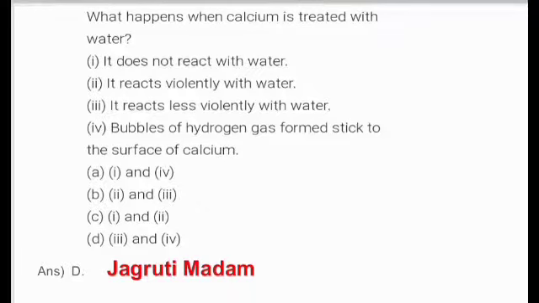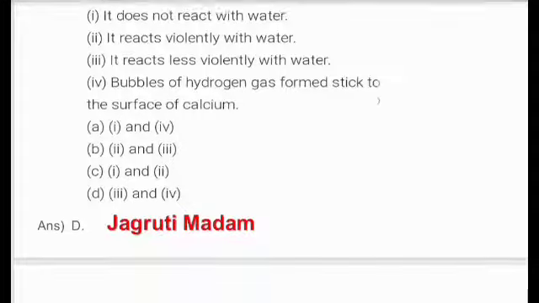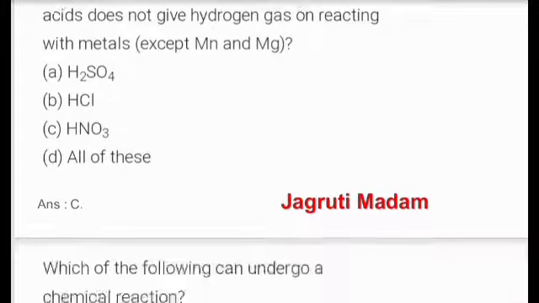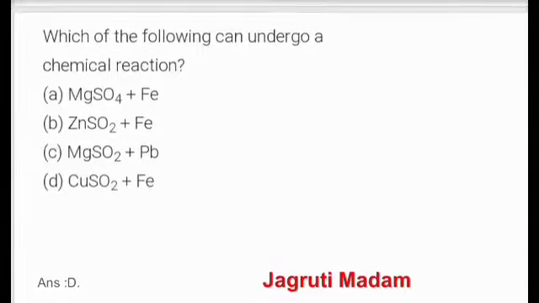Now, the next question. What happens when calcium is treated with water? Here again, this particular question is repeated, so let us just forget it and go to the next question. Which of the following can undergo a chemical reaction?